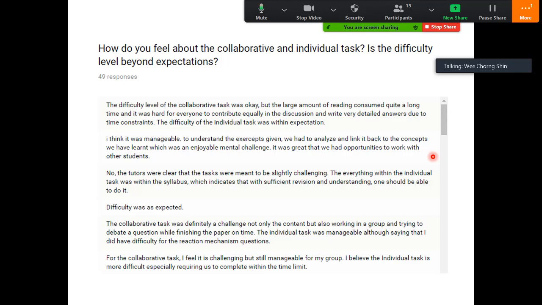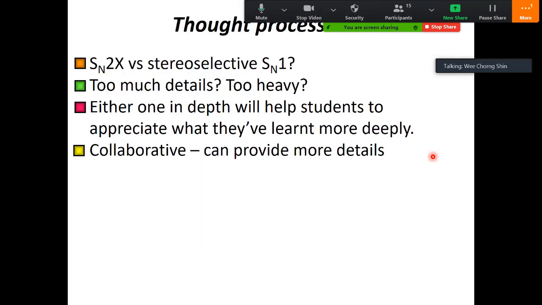So there are two different things we do here. The collaborative one is really an entry point for them to know about stimulus-based questions. The individual task is to ensure that their basics are sound, so that the students know that at least what they have studied is applicable. Okay, and then the thought process in coming up with the collaborative task: of course, we must be mindful that they are looking at it for the first time.